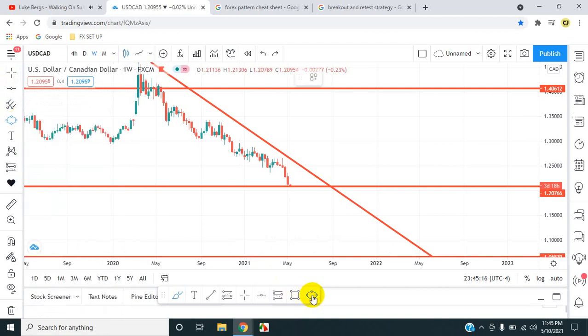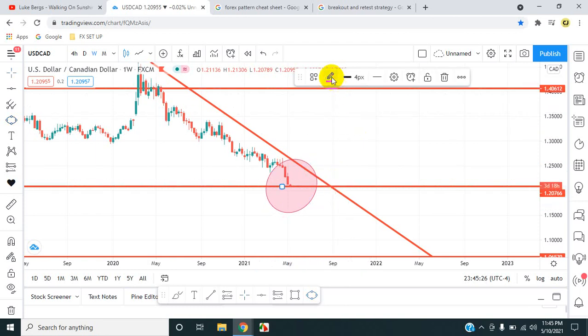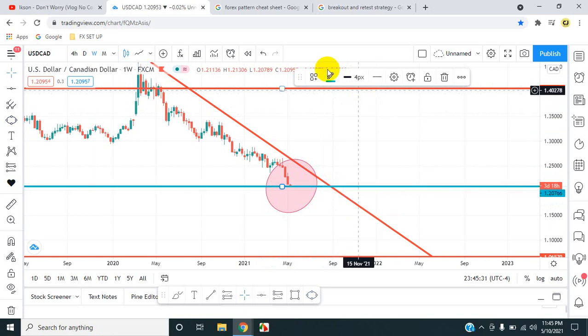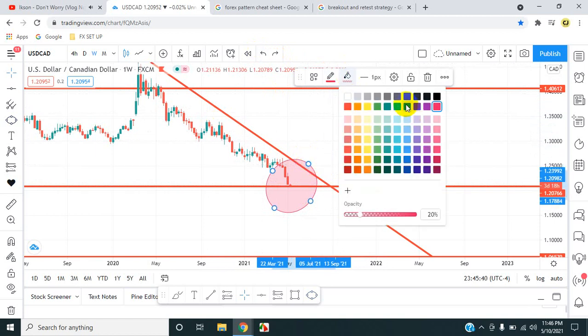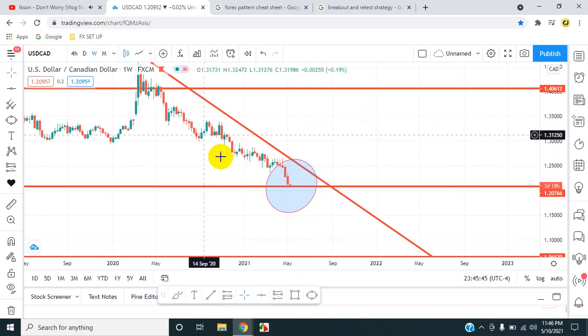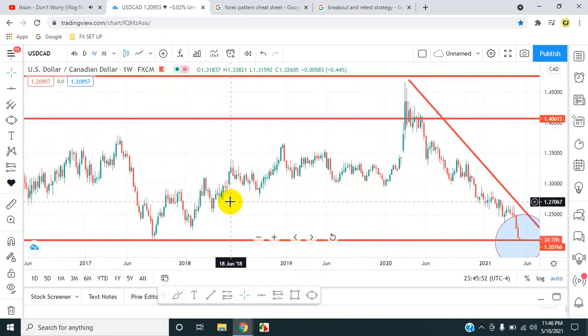Okay, the area we're going to be paying attention to is within this circle. So we're going to zoom out. We're going to see in this time frame.